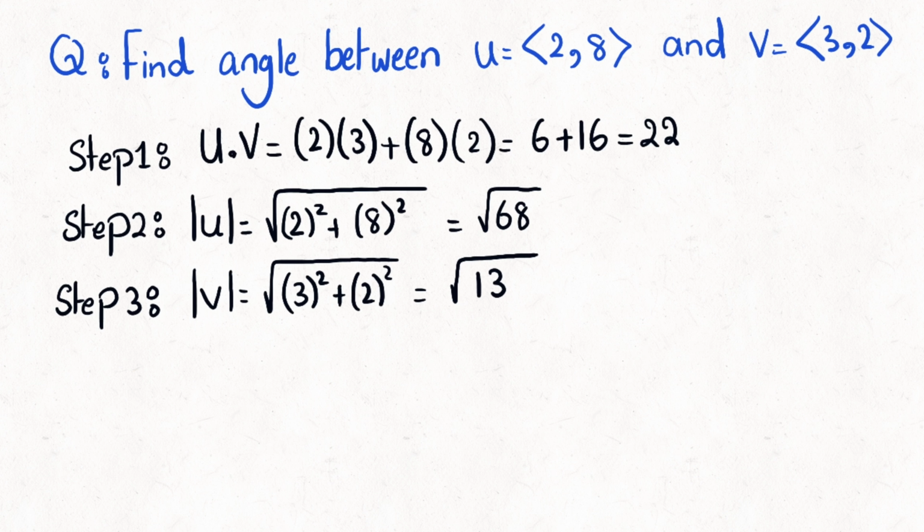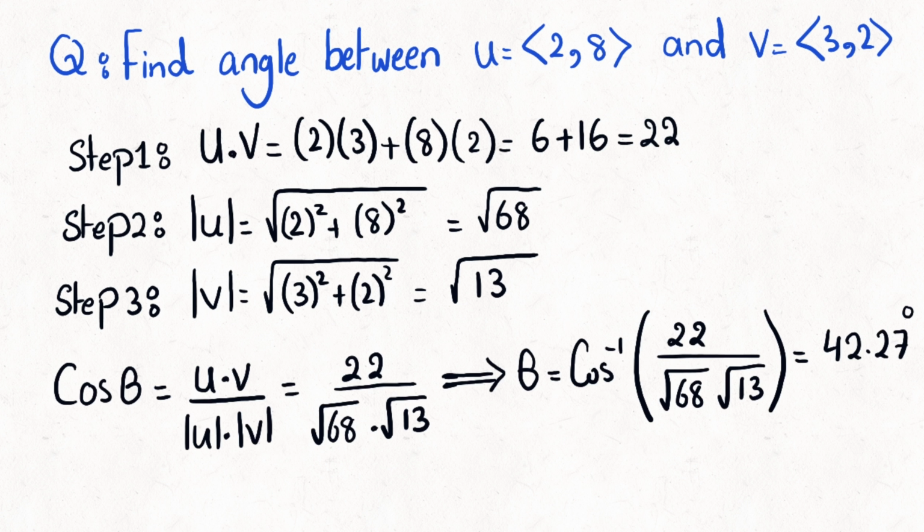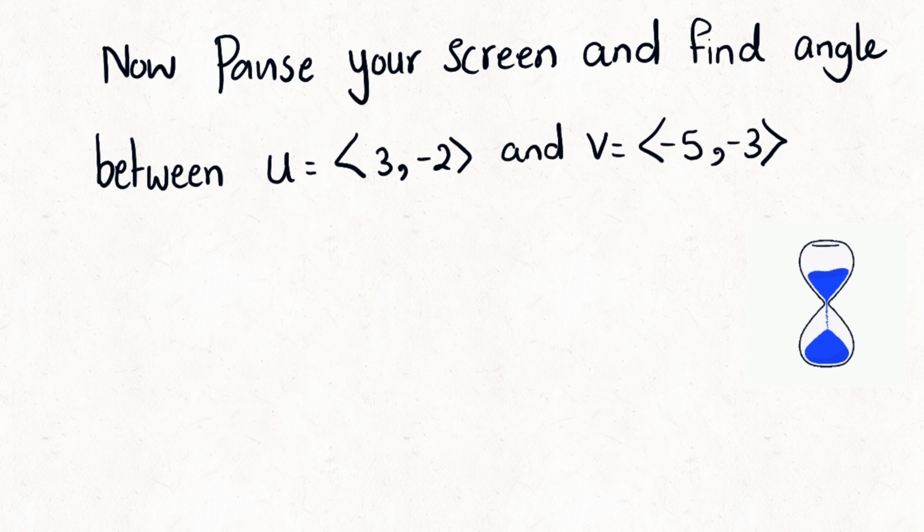Finally, cosine theta is u dot v divided by magnitude u times magnitude v. Then we will take cosine inverse of that answer to find the final answer. Freeze the screen, solve the question, and compare your answers with mine.